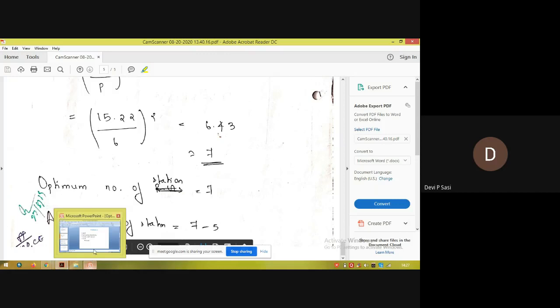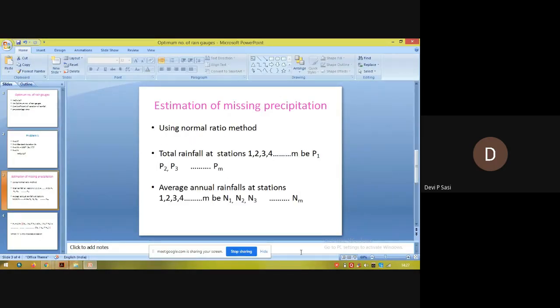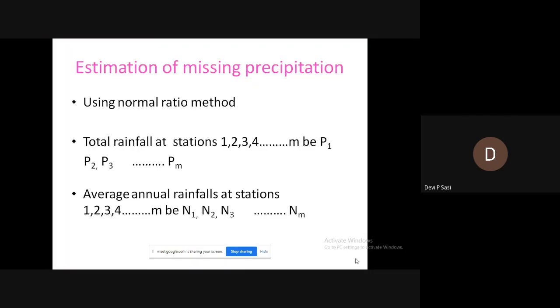Next we can see one more problem. Now, estimation of missing precipitation. Okay, another topic, estimation of missing precipitation. In some situations, there will be some missing data.